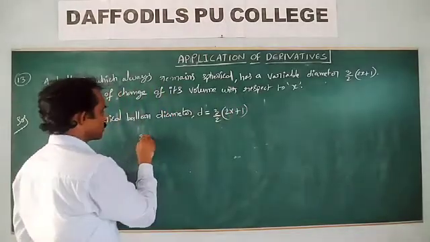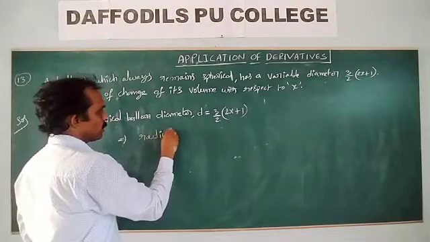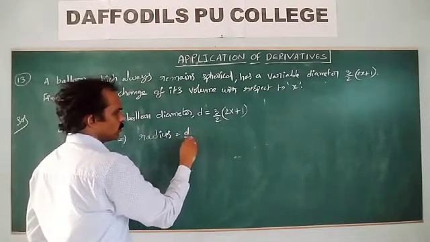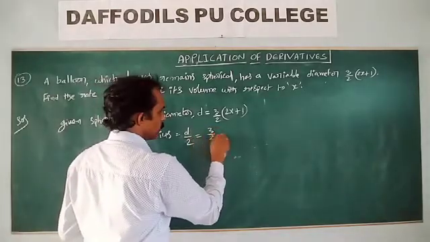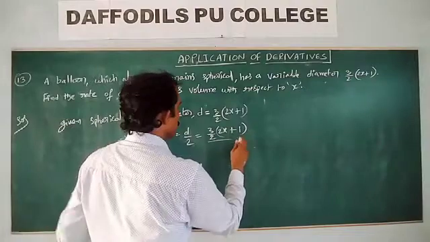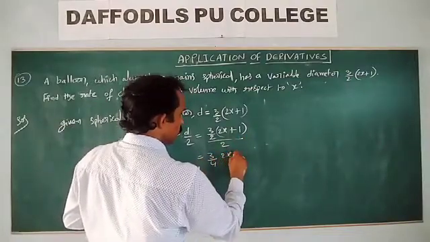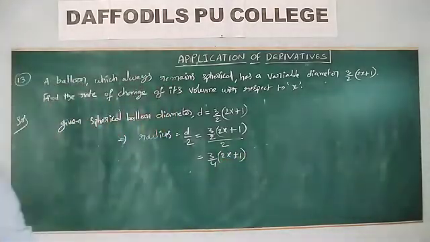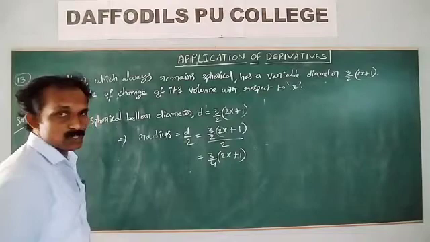What is its radius? That implies radius is equal to d by 2, which is 3 by 2 of 2x plus 1 divided by 2. That implies 3 by 4 times of 2x plus 1.